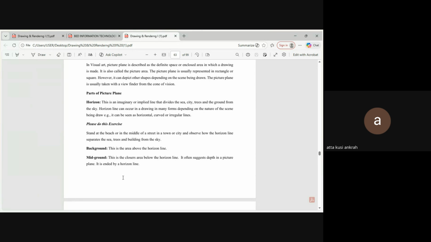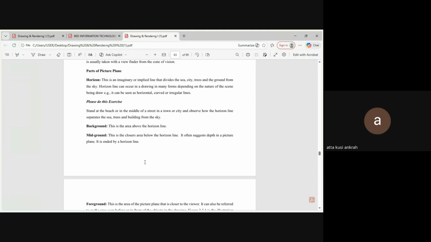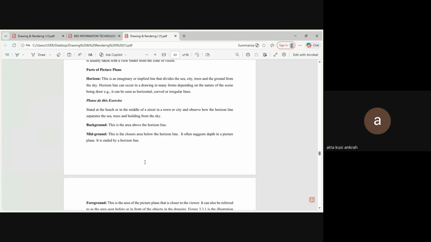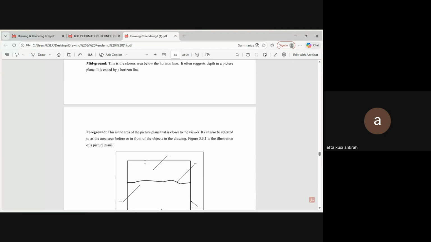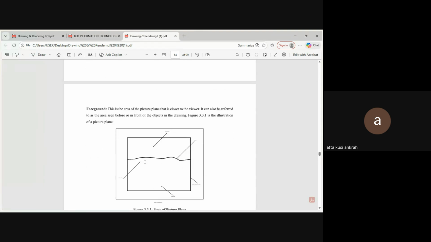Fine. Then the midground is the closest area below the horizon line. It often suggests depth in a picture plane. It is ended by the horizon line. Foreground. I'm rushing through because I'm going to give a tutorial image of it. Foreground is the area of the picture plane that is closer to the viewer.